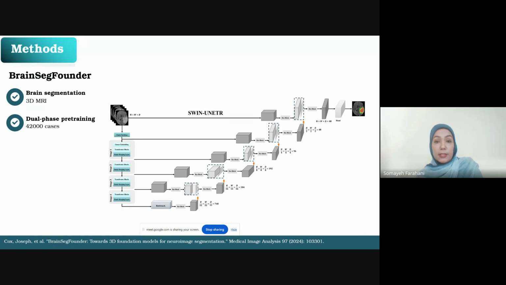This is great for medical imaging, where annotated data is scarce and limited. These models are often more robust to input variations. For example, a model pre-trained on a multi-center dataset is less likely to be affected by differences in imaging protocols, scanner noise, or patient demographics.